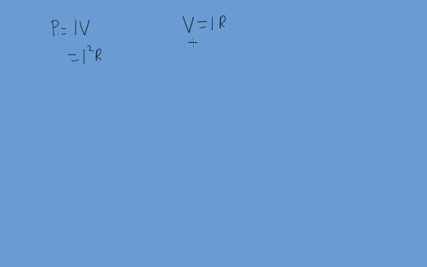Also, current is equal to voltage over resistance. So P is also equal to V squared over R. So we've got this family of equations for power: power is IV, I squared R, or V squared over R.